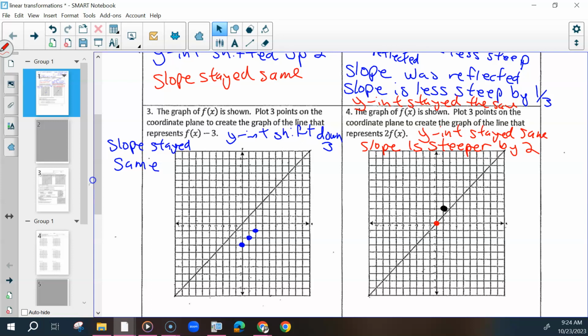I need 1 other point. So it doesn't matter if you go up or down. If you want to keep going in this direction, keep going to the left. You want 1 around your y-intercept, then skip a couple and do this one, and maybe 1 over here. It doesn't matter. You just need 3 points that would make this true. Questions so far?